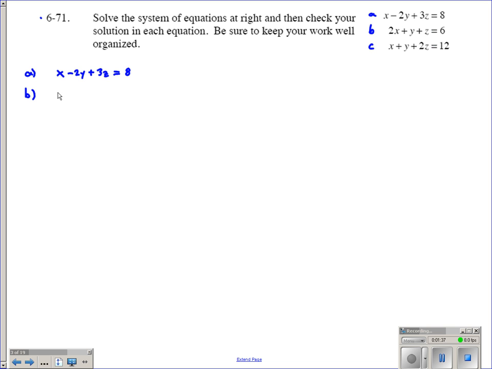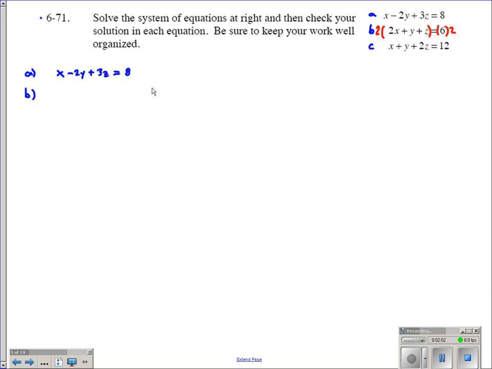Before I write it over here, I'm going to alter it up here just to save myself time so I don't have to keep rewriting these equations. I know I'm going to need a positive 2y in the middle, so I'm going to multiply the entire equation, both sides of it, by 2. If you do this, just make sure you're careful that you don't leave something out.